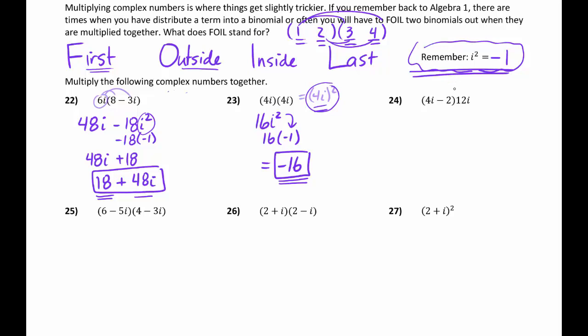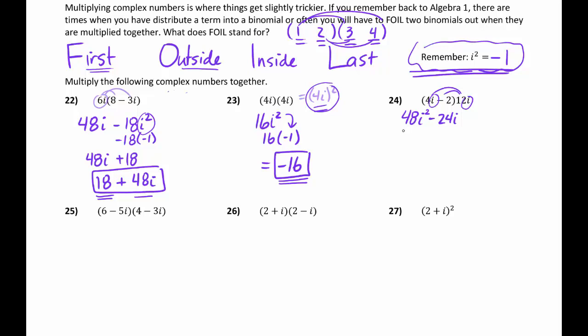So 24 is very similar. We just are going backwards. If we take 4i and 12i and multiply those, we get 48i. And then 12i times -2 is minus 24i. And actually, as I was writing this out, I realized I missed taking i times i to get i squared.